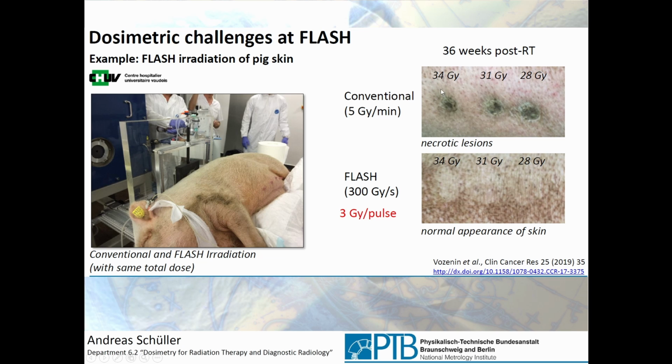And this is what the skin looks like 36 weeks after the radiotherapy session. The skin is basically dead, it's dead tissue. Elsewhere, the same total dose was delivered on the skin, but using flash, with very high dose rate per pulse. And you can see that the skin has completely recovered.